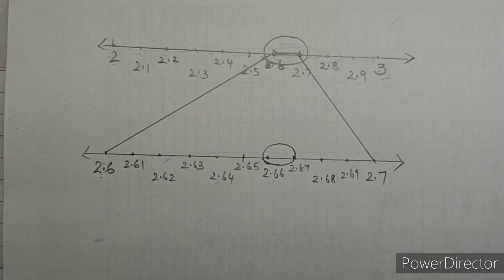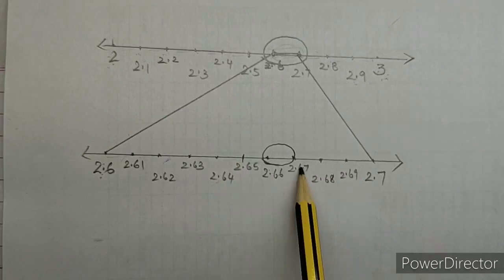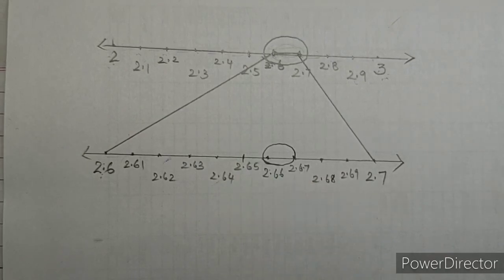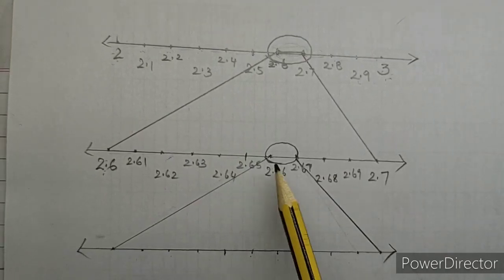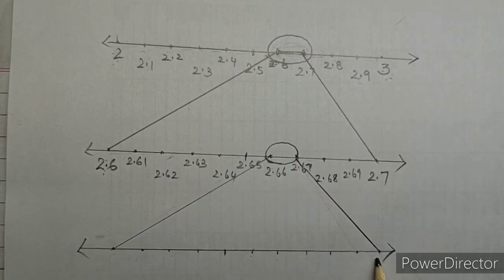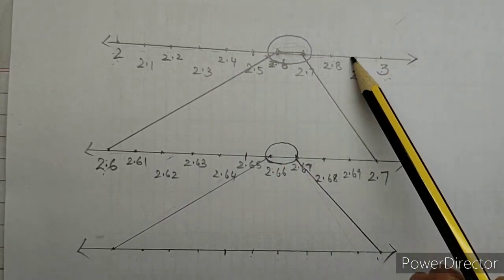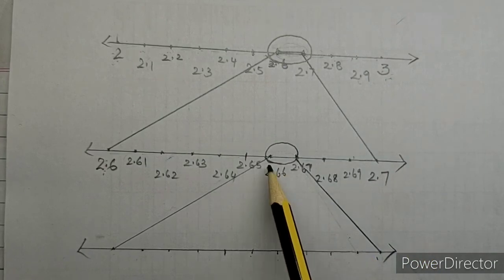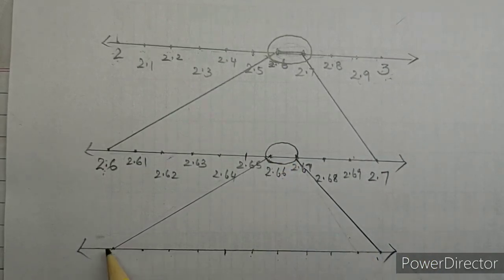Focus only on that part and draw another number line between 2.66 and 2.67. See here, I have magnified that and drawn the next number line. That is the third number line: this is the first one, second one, third one. The number is between 2.66 and 2.67, so mark 2.66 and 2.67 here.